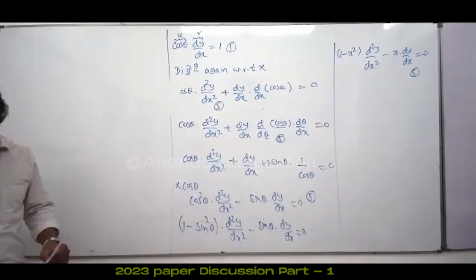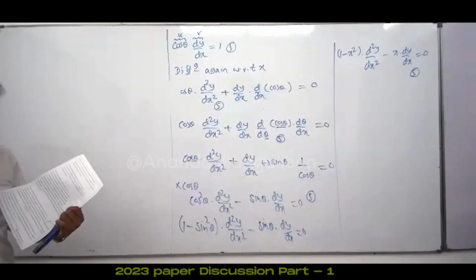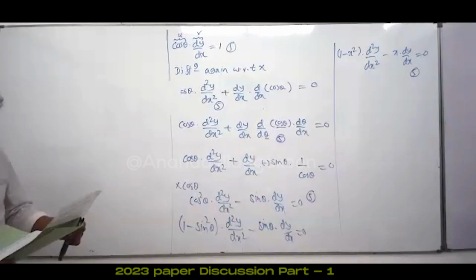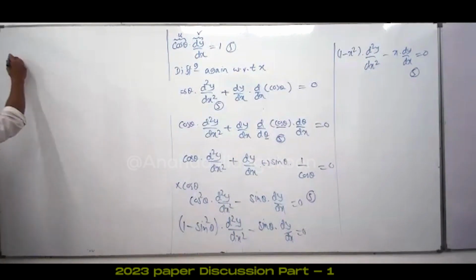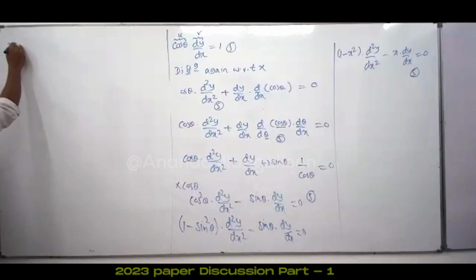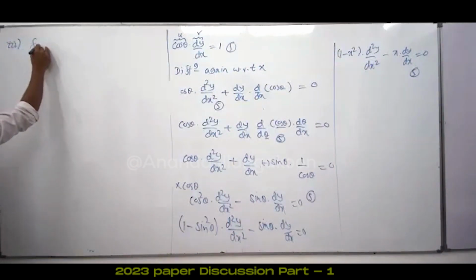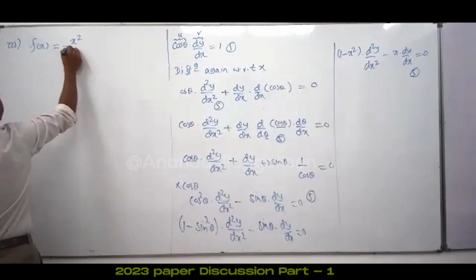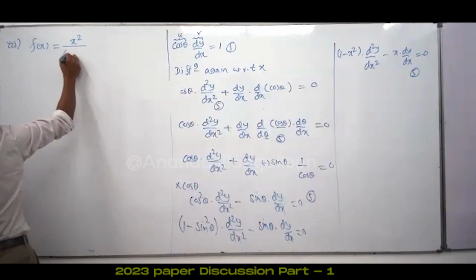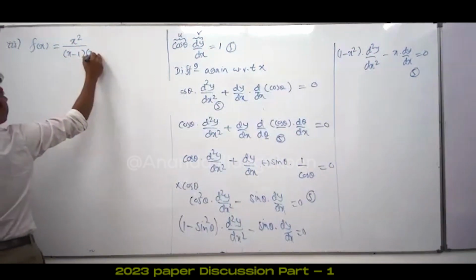Next one, given this graph, third part, f(x) equals x squared over (x minus 1)(x minus 5).